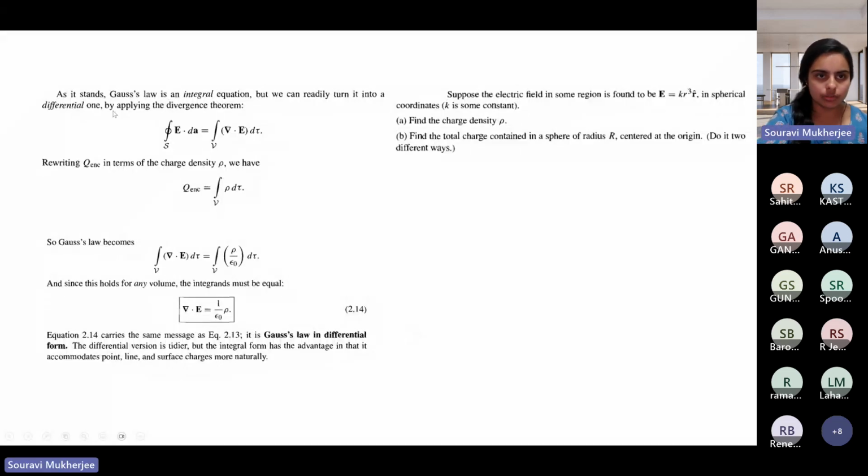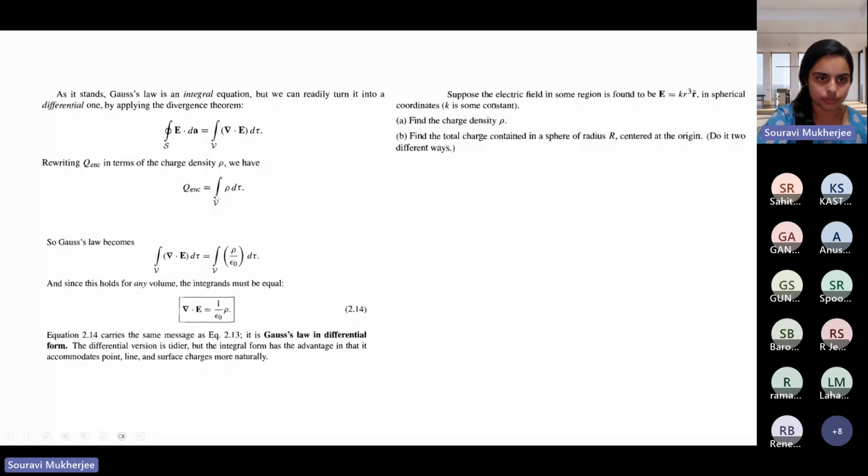So now what you can do is change it to a differential form using the divergence theorem. The divergence theorem links the surface integral with the volume integral of divergence. So you can change the surface integral into a volume integral. And you know that if there's some volume charge density rho, your total Q enclosed would be rho d tau over that volume, where d tau is your volume element.